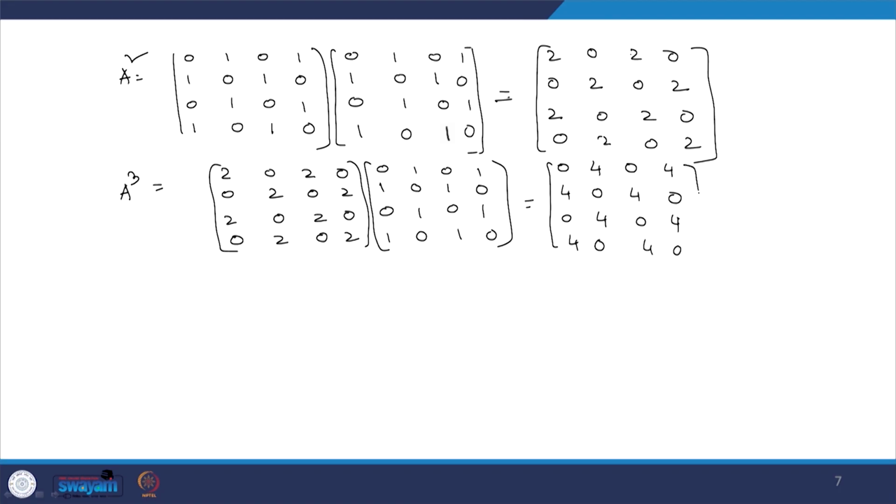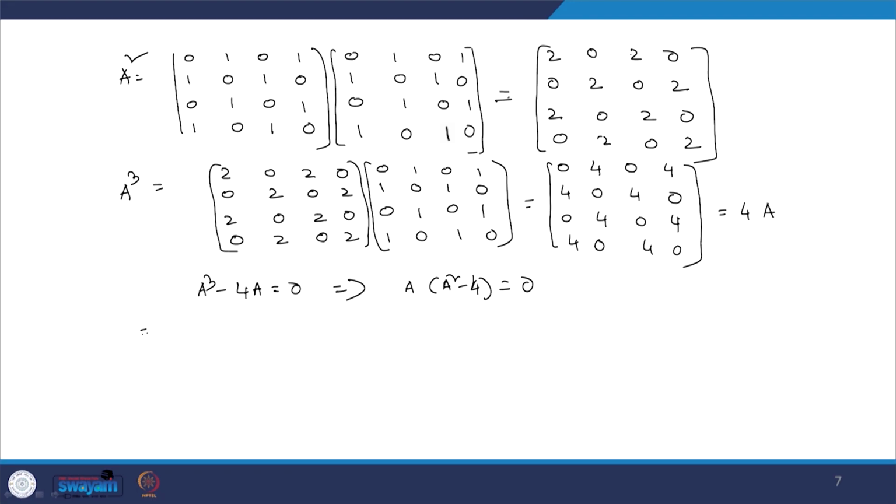So, I am getting AQ is equal to 4 times basically your A. So, AQ minus 4A equal to 0. This implies that A into A square minus 4 equal to 0.